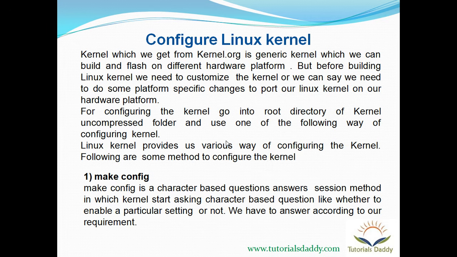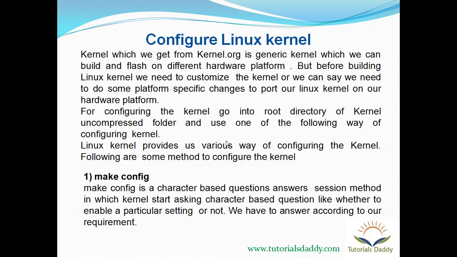You have to make that Linux kernel compatible with your hardware. For doing that, you have to configure your kernel according to your specific hardware. The way of configuring the kernel for different hardware is called Linux kernel configuration.